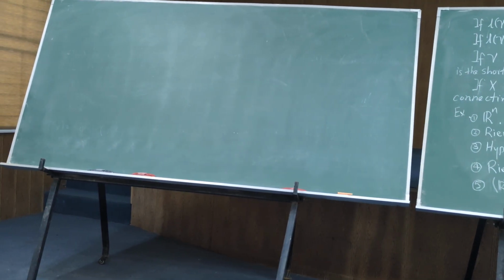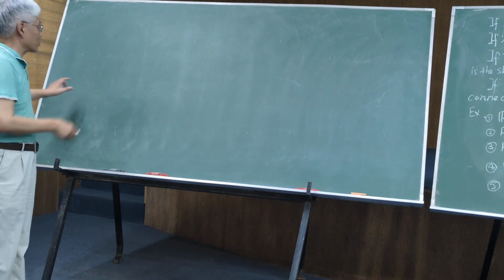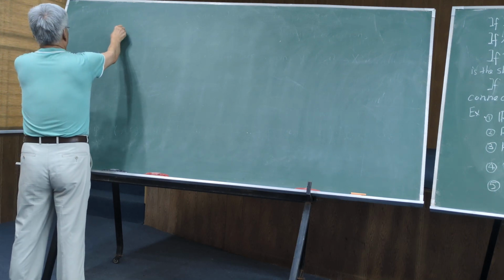Which pair of points? The opposite poles, the endpoints of any diameter. I have got some nice drawings in the computer, but my hand drawing is extremely bad.